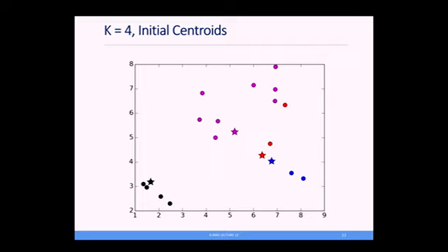So maybe they're not the ones you would have chosen, but there they are. And I then, having chosen them, assign each point to one of those centroids, whichever one it's closest to. All right? Step 1.